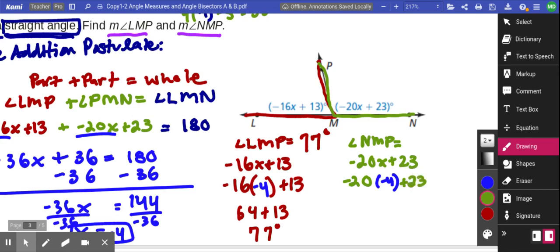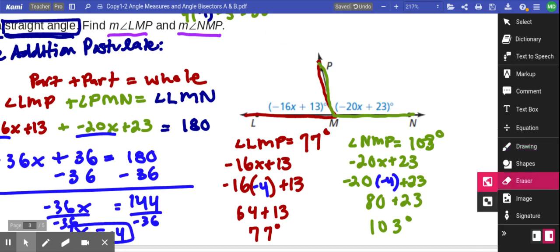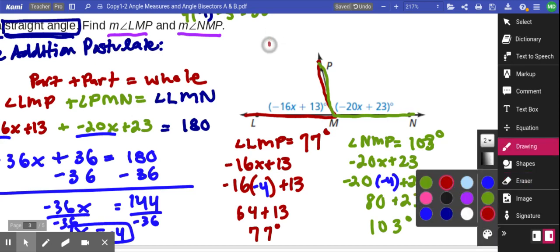We're going to get a positive 80 plus 23, which leaves us with 103 degrees. Now, if you wanted to check to make sure that this is correct, we know that 77 plus 103 leaves us with 180 degrees.